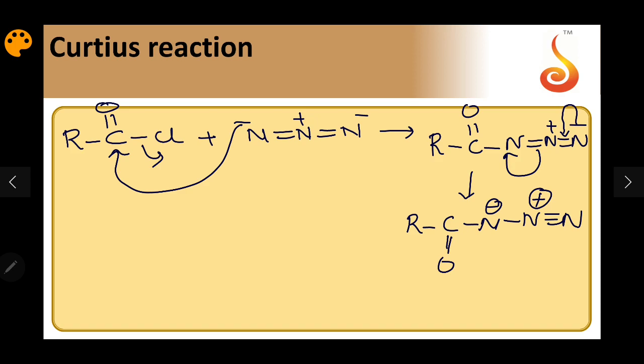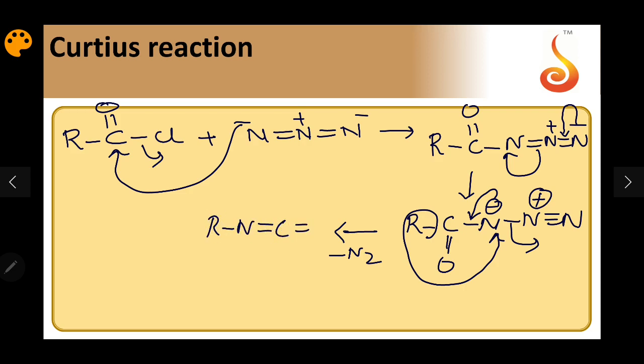The only difference is the outgoing group is nitrogen. So this negative charge will come here, the alkyl group migrates and nitrogen goes out. Minus N2, I will get isocyanate, and the same thing, I get RNH2. This is the Curtius reaction. So the Curtius reaction is a reaction between acid chloride and azide ion.